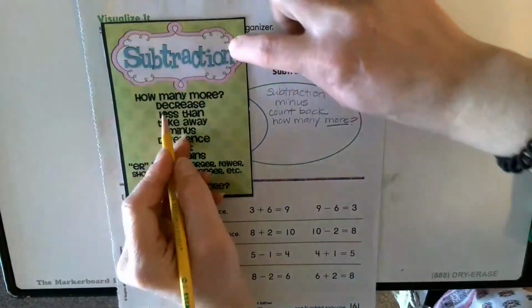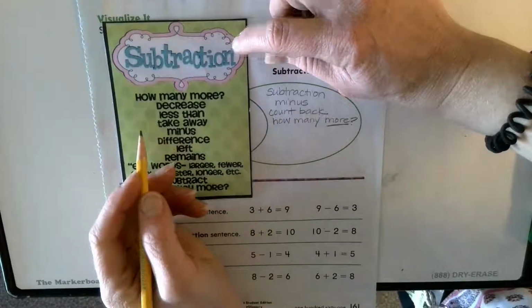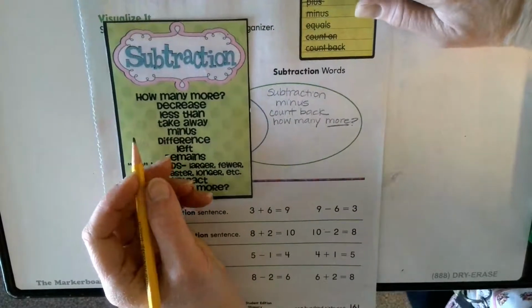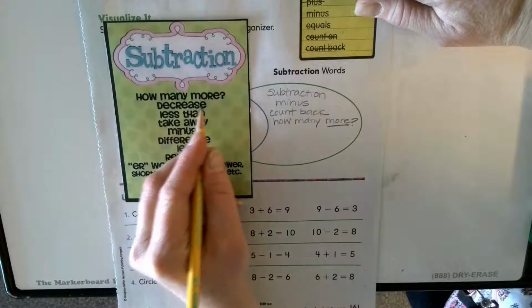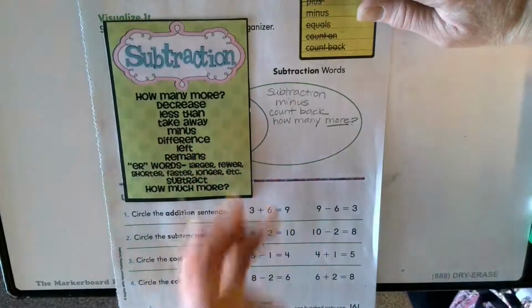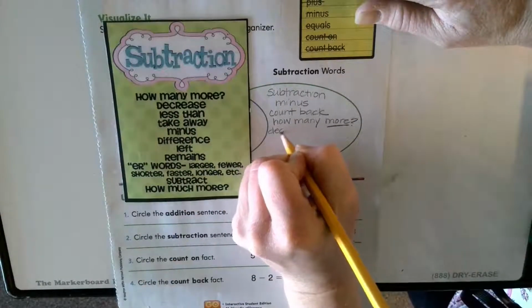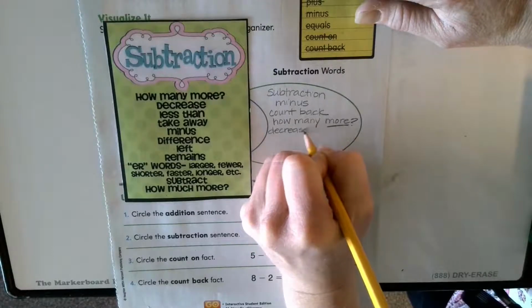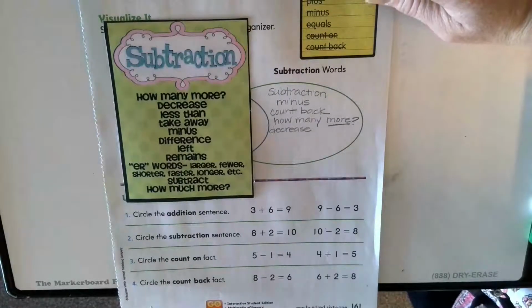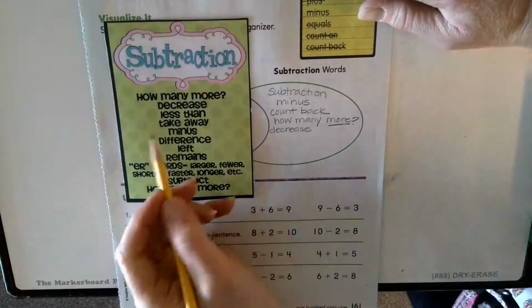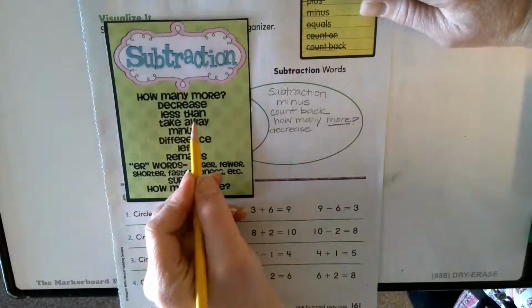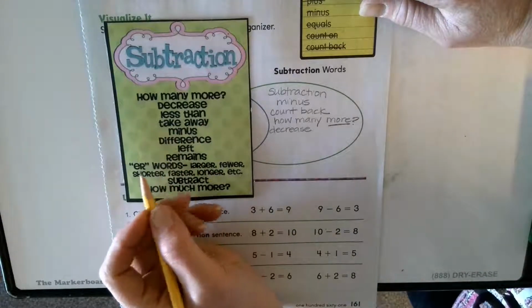Also the word decrease. That means to get smaller. Decrease means to get smaller. So decrease means we're also going to be subtracting. Less than. That's a big one.